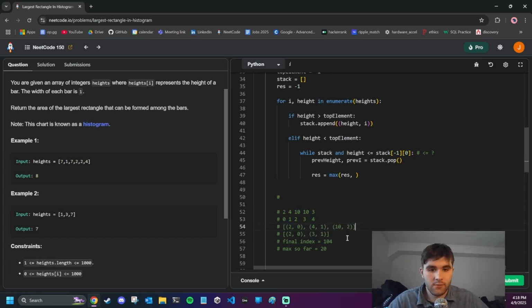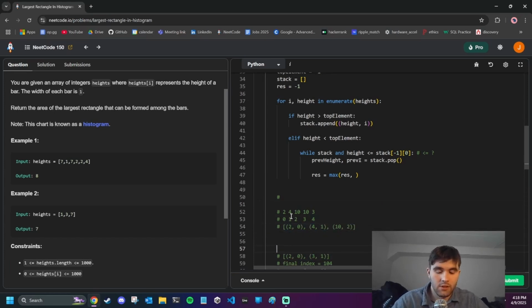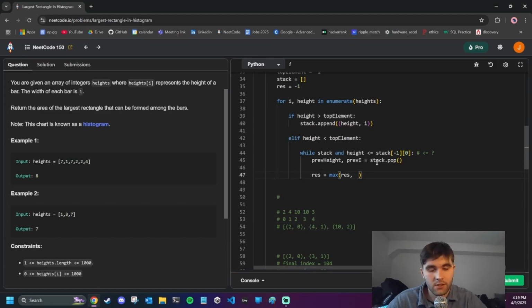Okay, so this would be our stack. So when we get to index 4, we would say that, okay, this is less, so we go from 2 to 4, so 4 minus 2. So it'd be like I minus previous I, that's the length.